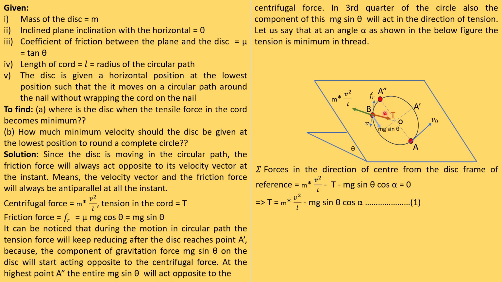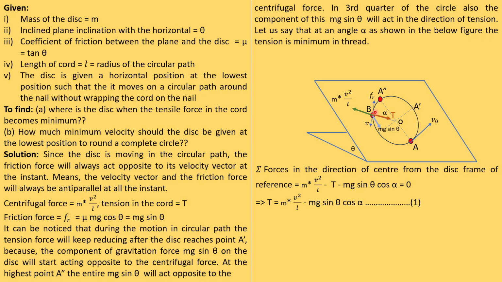Even in the third quarter, the component of mg sine theta will be towards the center. So let us say that at angle alpha, after crossing this A double prime, the tensile force is minimum.